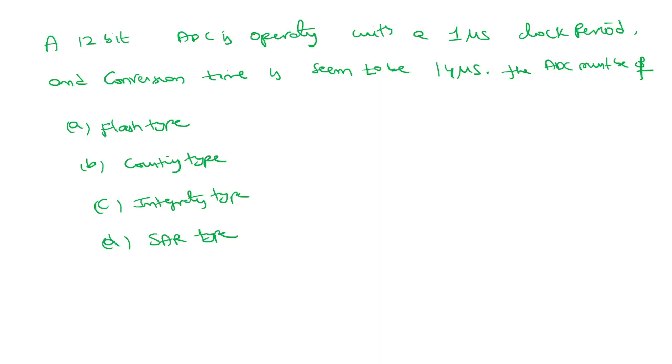Okay, the question is this. A 12-bit ADC is operating with a 1 microsecond clock time period, and conversion time, please pardon me for my handwriting, is seen to be 14 microseconds. So the ADC must be of dash.